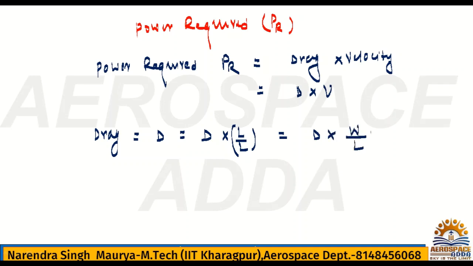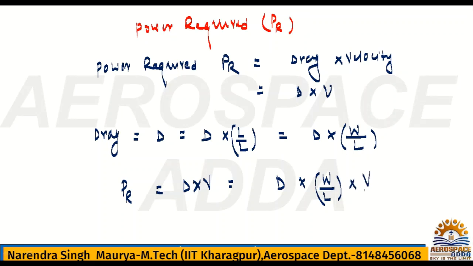So power required is nothing but drag into velocity, which is drag into weight of the aircraft by lift of the aircraft into velocity. Yes or no? Now very simple.